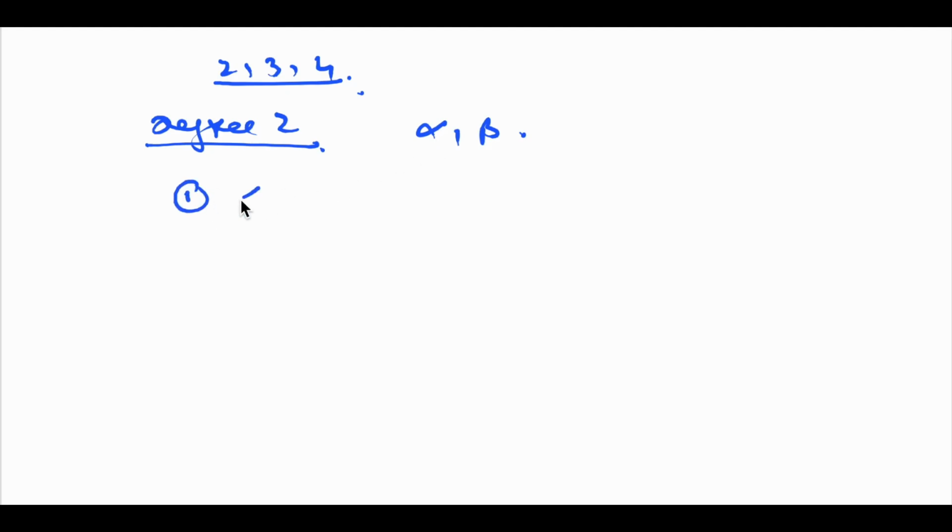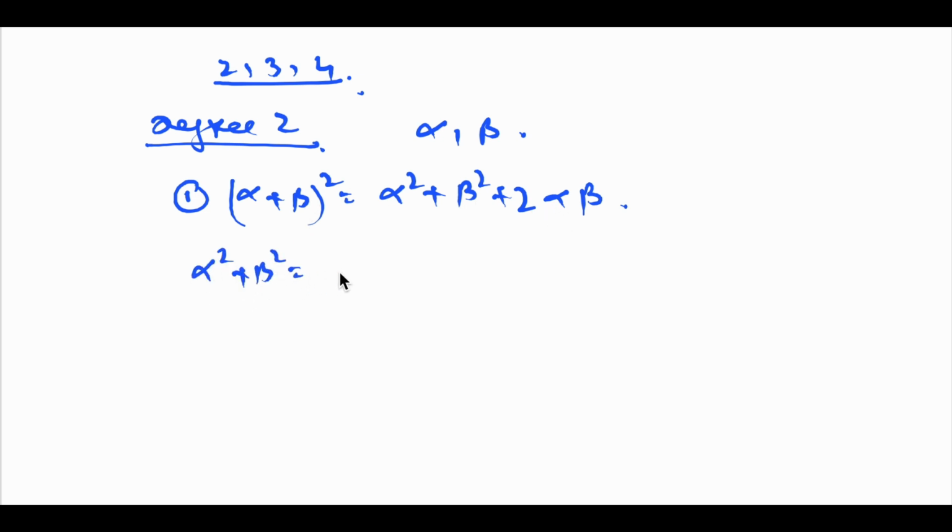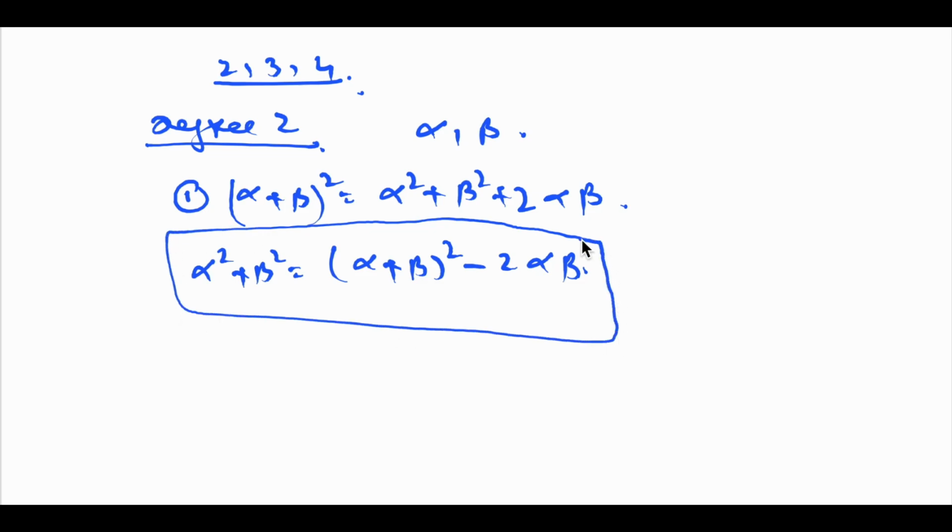I can say alpha plus beta whole square will be equal to alpha square plus beta square plus 2 alpha beta. You square alpha, square beta, multiply these two and twice. But how will you remember this formula that you will be using? I'll just keep alpha square plus beta square and transfer 2 alpha beta here. So I can write alpha square plus beta square is equal to alpha plus beta whole square minus 2 alpha beta. And you have to remember this rule.